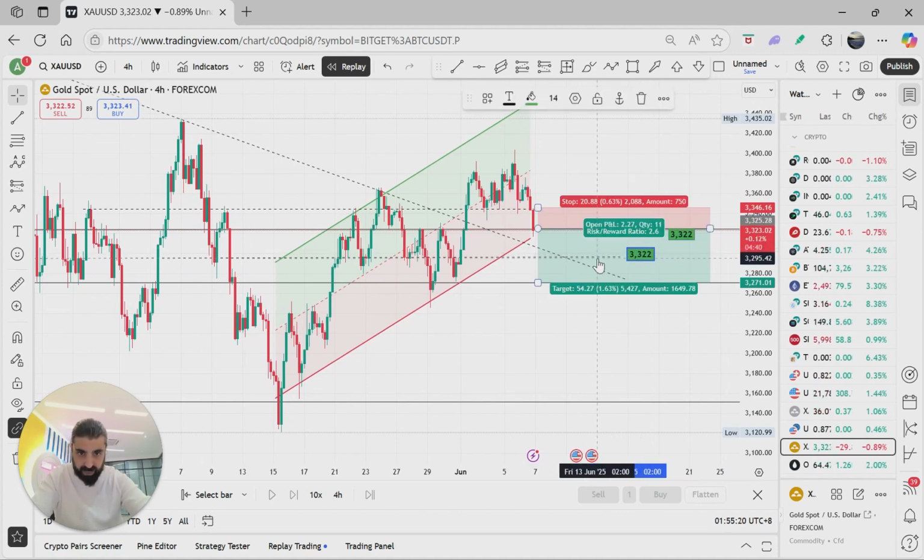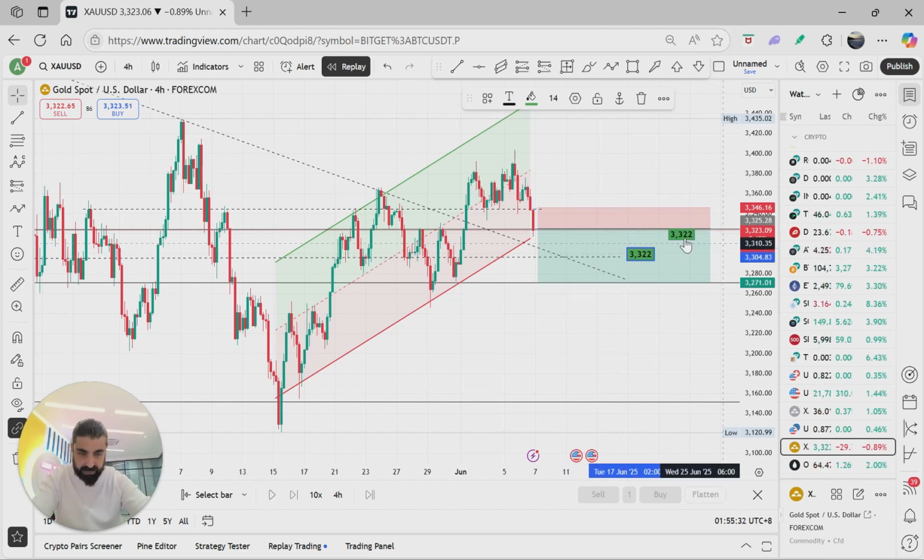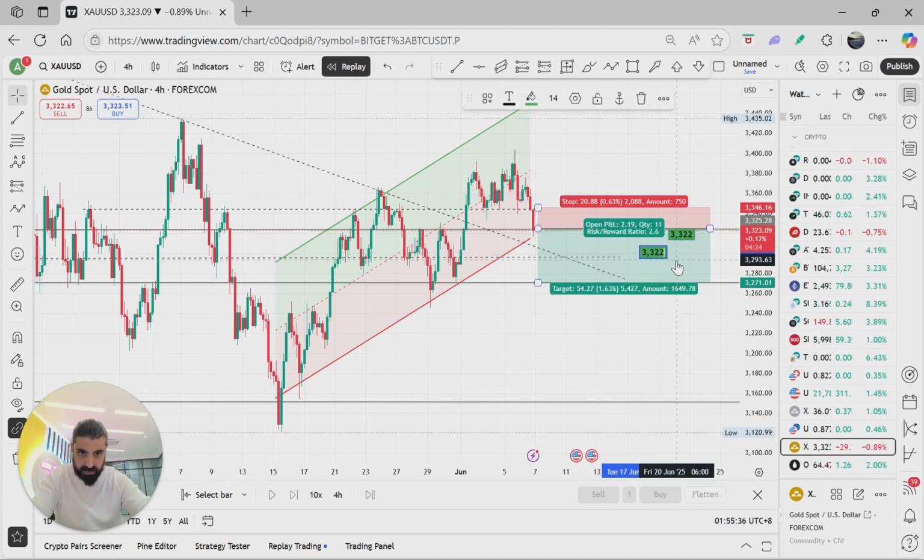So you can expect a bounce from here, and this is what would be the first TP, right? At around 3298.